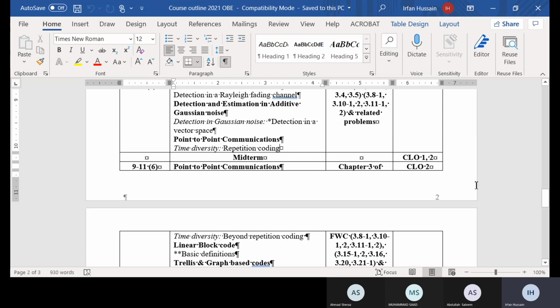So the course will be up till this point, repetition coding. This is the course for the midterm, up till this point. I have also indicated here up till this point. I will also try to update this. Yes, we will put it in there. Okay, I have already told you, so there should be no problem. Inshallah we will share it with you as well.